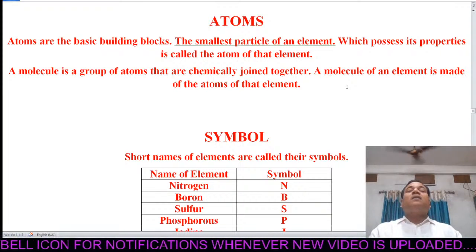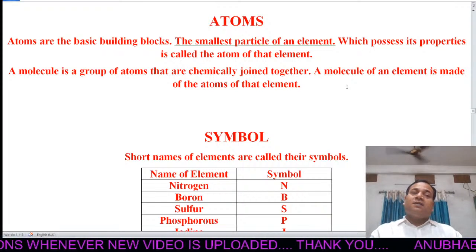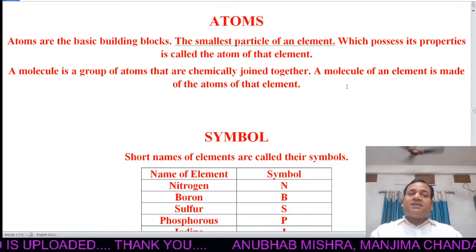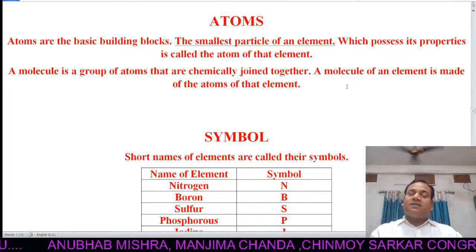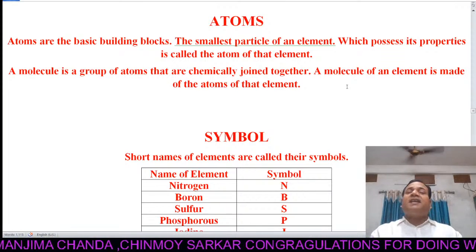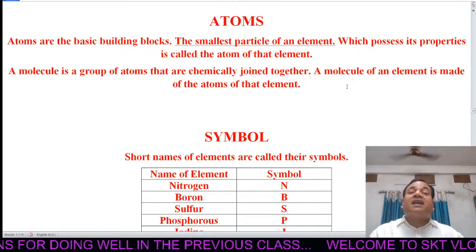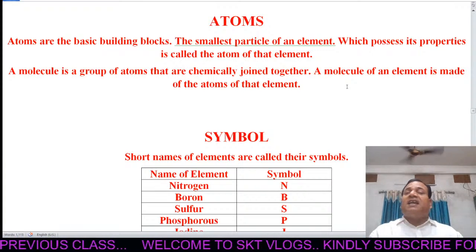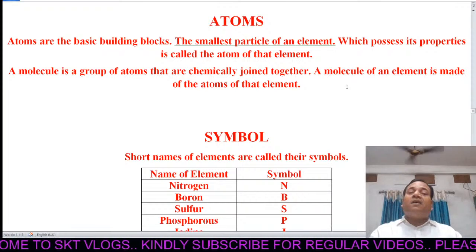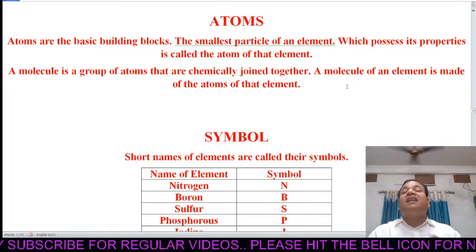Now, what is a molecule? A molecule is a group of atoms that are chemically joined together. How is it joined? It is joined chemically. A molecule of an element is made up of the atoms of that element.